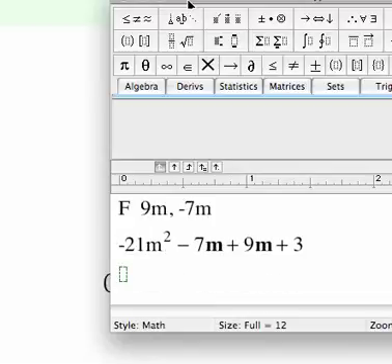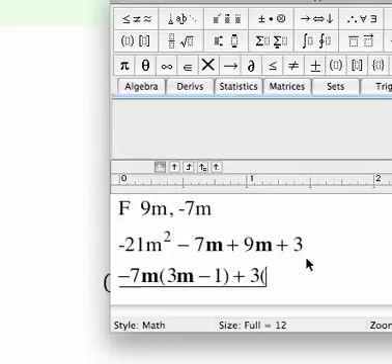So we're grouping the factors, and what's common here with the first two is -7m, and we're left with 3m, take away 1. No, actually, it would be -7m(3m plus 1).